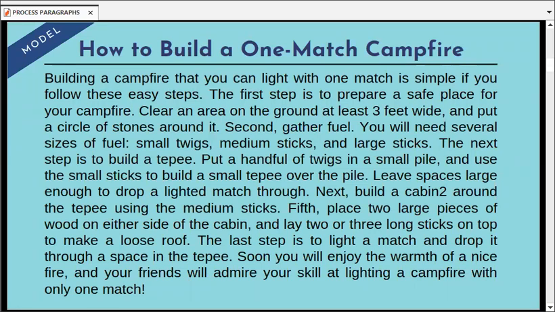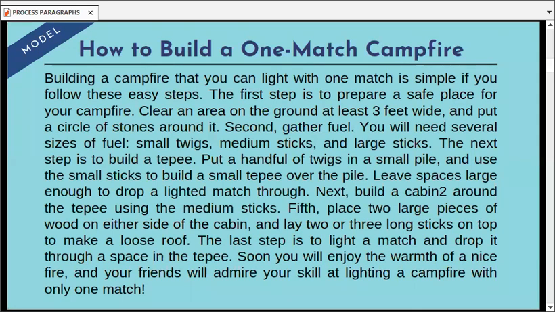You will need several sizes of fuel: small twigs, medium sticks, and large sticks. The next step is to build a tipi. Put a handful of twigs in a small pile and use the small sticks to build a small tipi over the pile. Leave space large enough to drop a lighted match through.